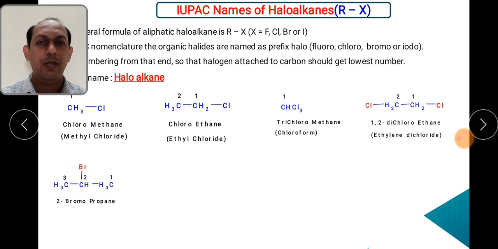Next one. Now it is a branched alkyl halide. So it has a halogen at position number 2. So this is our longest continuous chain. 1, 2, 3.